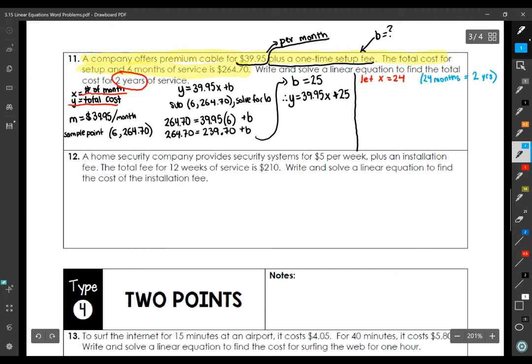Okay? And then, once we have that, we just simply solve for y, which is the cost. Okay? So y is equal to 39.95 times 24 months plus $25.